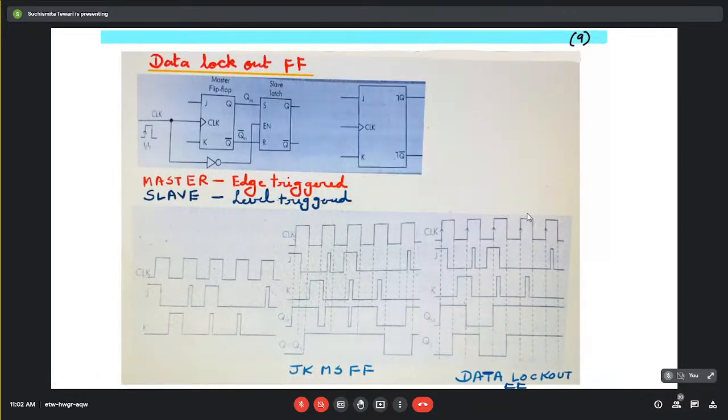Now, after this, there is a concept of data lockout flip-flop. Here the scheme is, the master flip-flop is edge triggered, and the slave flip-flop is level triggered.